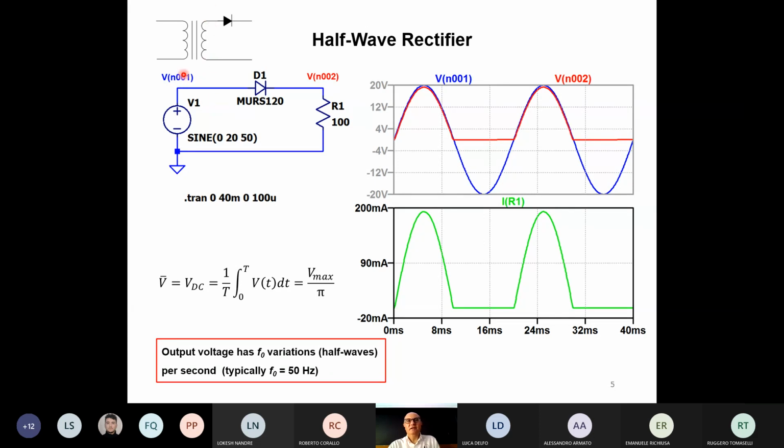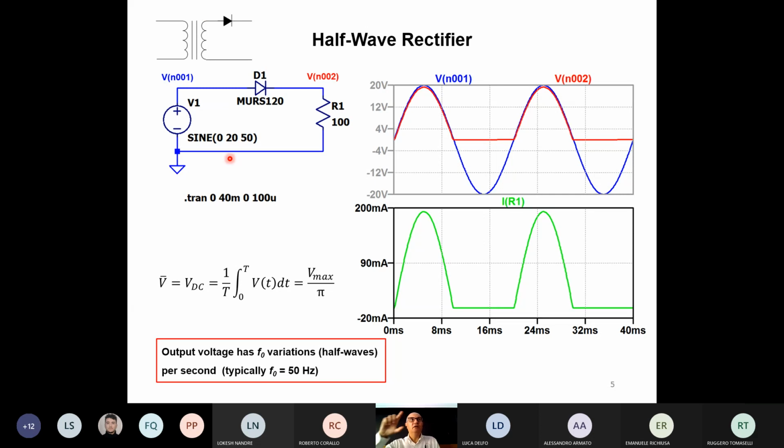So if, for instance, I had a particular reduction ratio between the input and the output, I suppose that at the secondary I have 20 volts, 50 hertz, and 0 should be the starting time. Okay? So let's suppose that we have a secondary voltage of 20 volts.